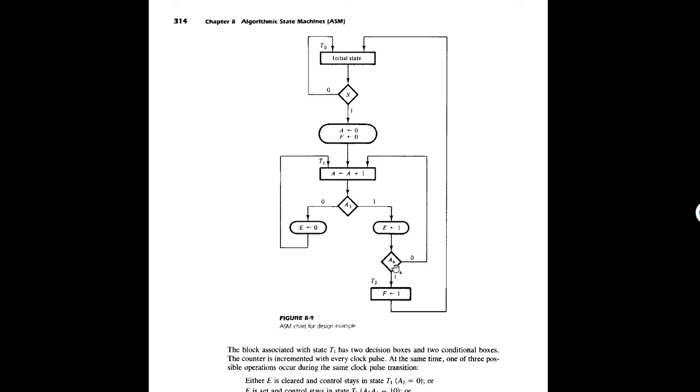Again, when you have set A4 to 1, then the F flip-flop is set to 1. Now this is so distinct, it is not really related to this block or even this block, honestly. It is related to this block after F is set to 1. Then it goes to this ASM block, and it goes back to the T0 state.